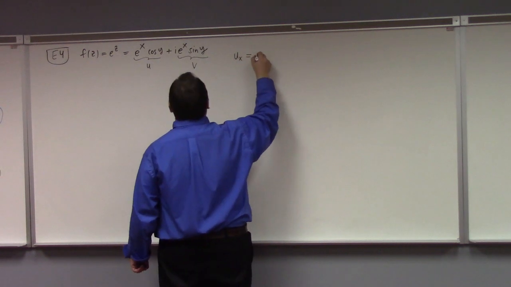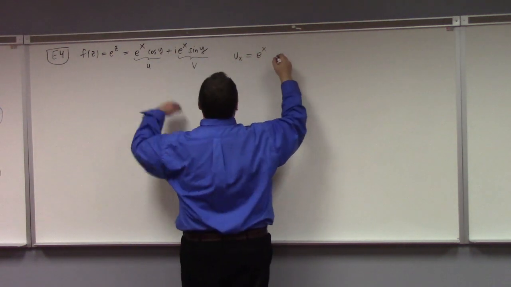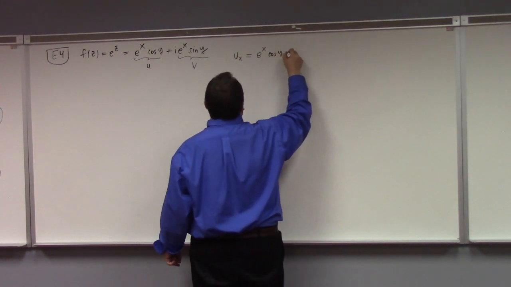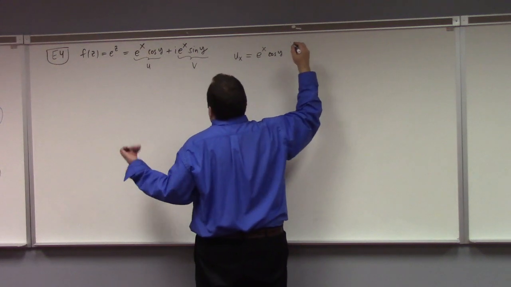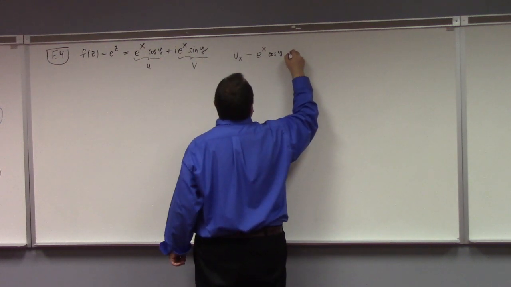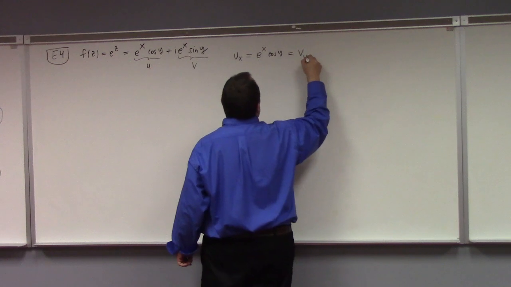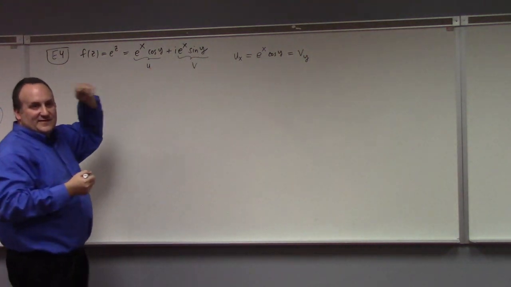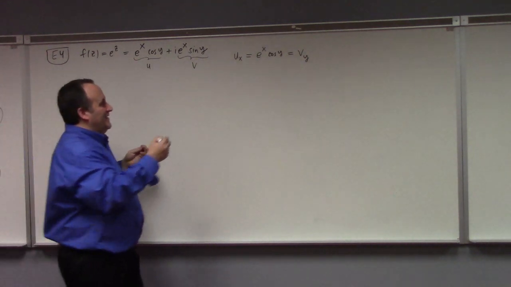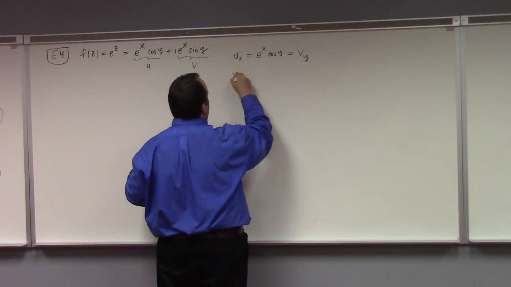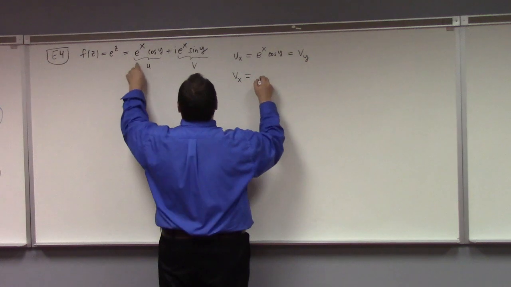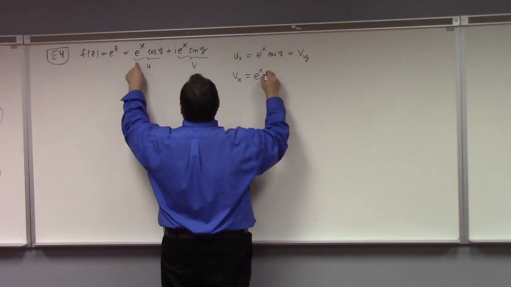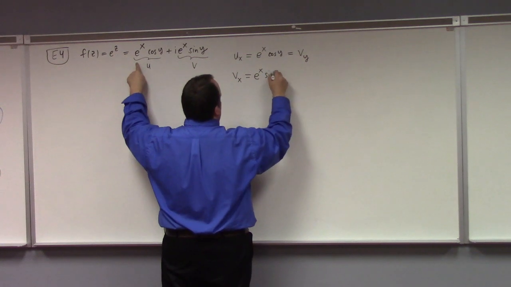u_x is equal to e to the x cosine y. The partial derivatives here, that's v_y, right? Because when we differentiate with respect to y, it changes to cosine y. On the other hand, if we calculate v_x, we get e to the x sine y, right?